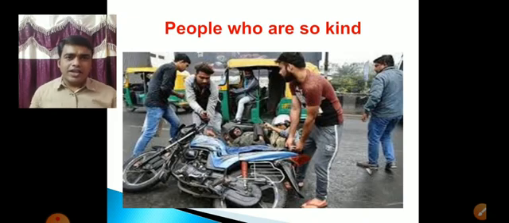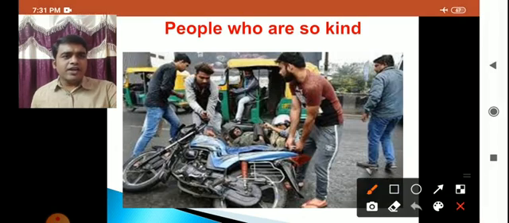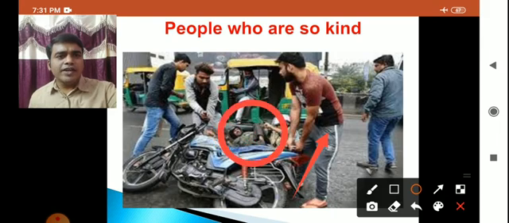Yes. So here we can observe this thing. Look at the picture here, children. In this picture also we can observe the people who are so kind and are helping the people who are in trouble on the road. See, my dear children, these people don't have any connection with the people who have fallen here. Got it?